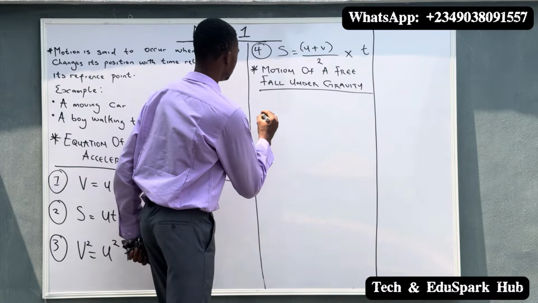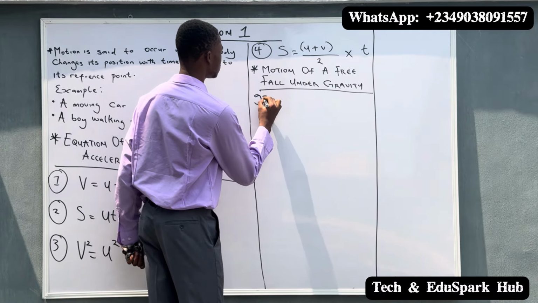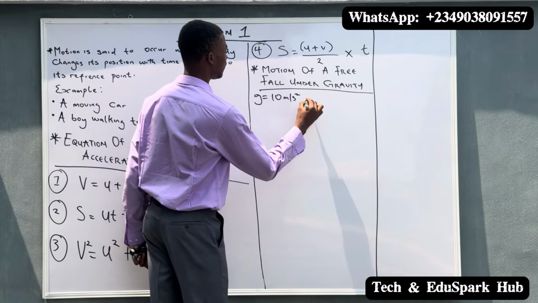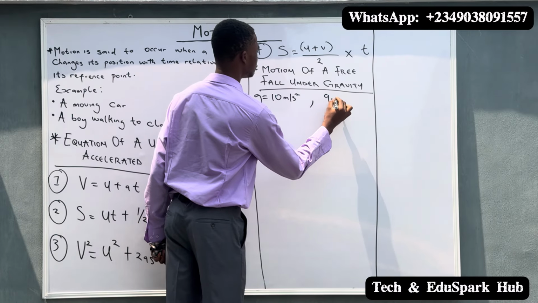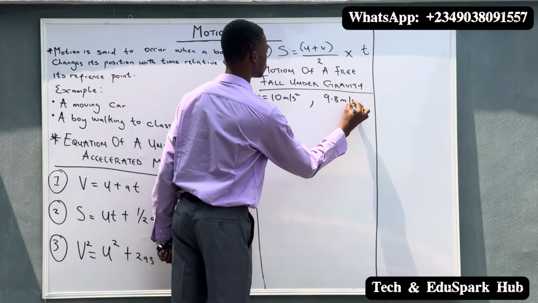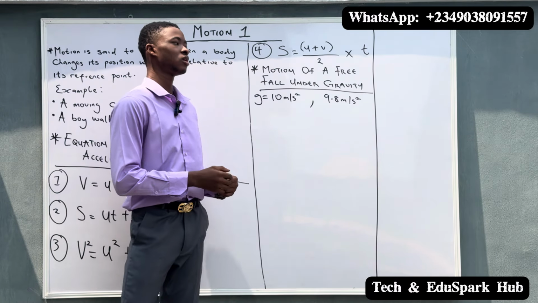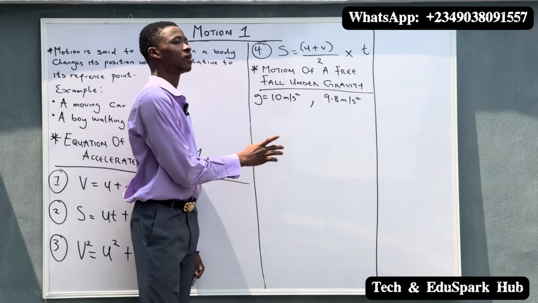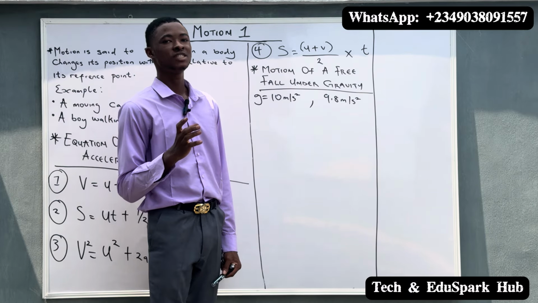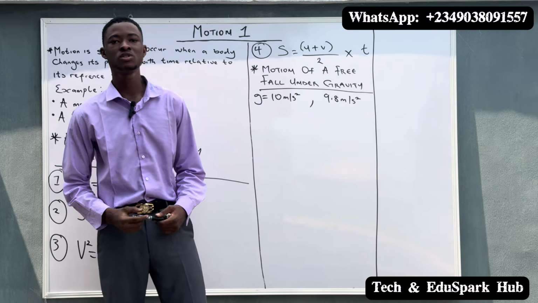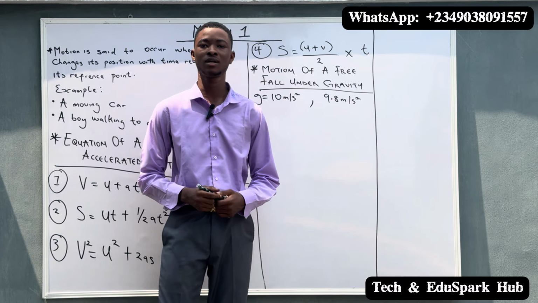The gravity, which is the g, is always equal to 10 meters per second square, unless specified to be 9.8 meters per second square. So if you are not given g in your question, you will use 10 meters per second square. But if it is specified that g is equal to 9.8 meters per second square, that is when you will use 9.8 as your gravity.